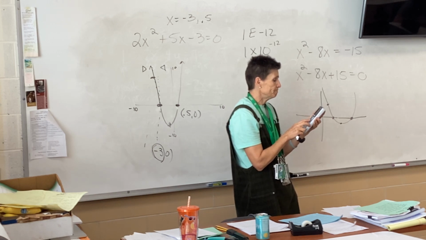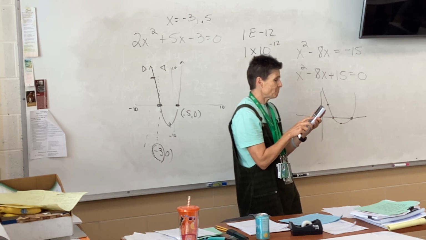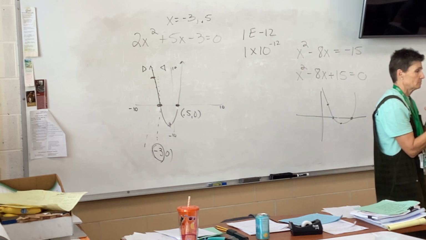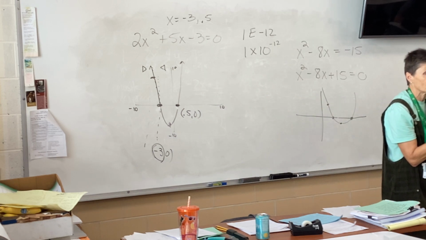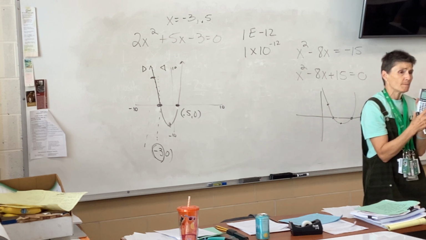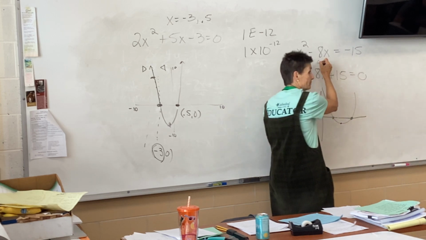And do you see your cursor? Right arrow a little bit. Keep going. Did it come into view? Yeah. You can always tell where your cursor is because the coordinates are on the graph. When I first hit second calc 0, my cursor was up at 0, 15.